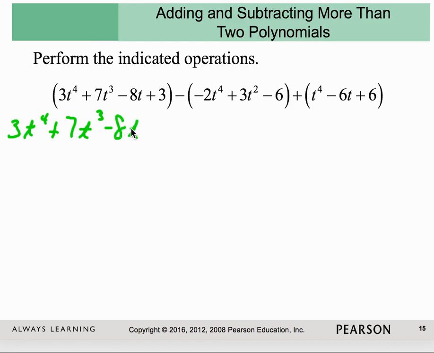But having a -1, I have to change the signs of everything in here. That's what distributing a negative will do, right? And then I'm back to just multiplying by 1, and multiplying by a +1 doesn't change anything.